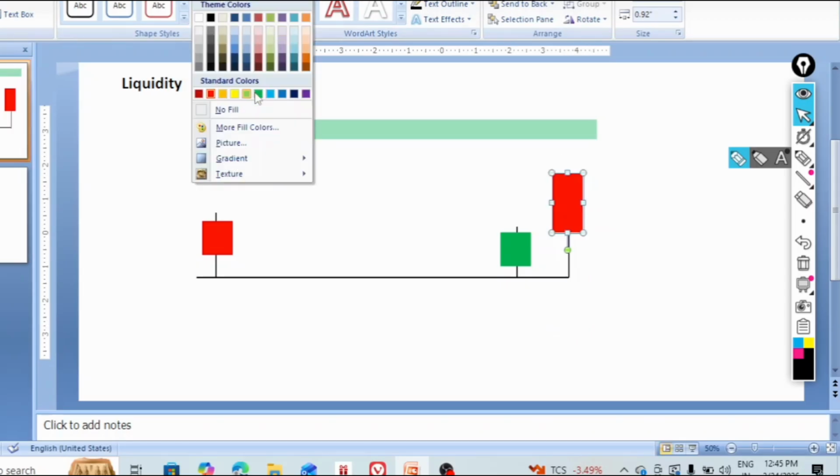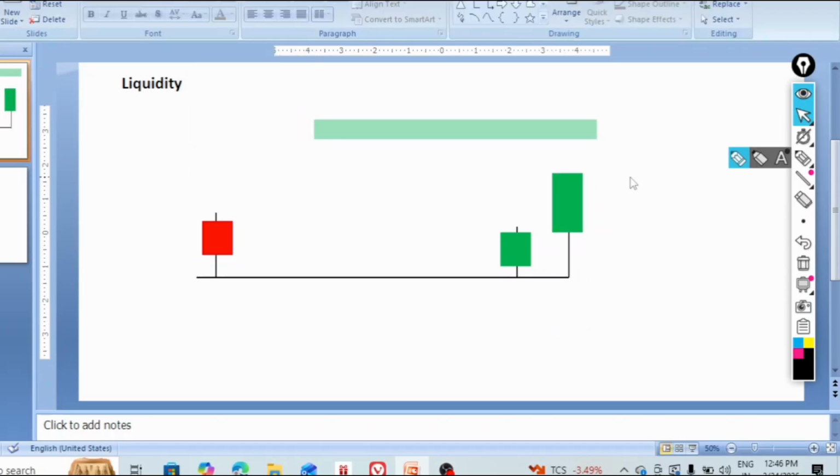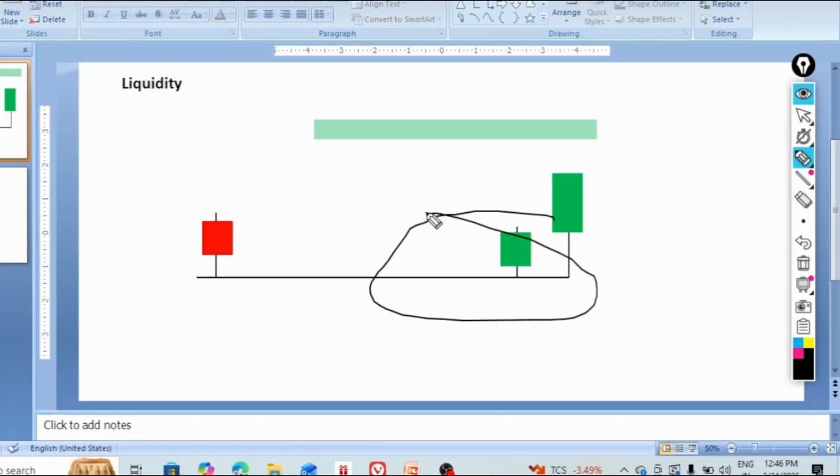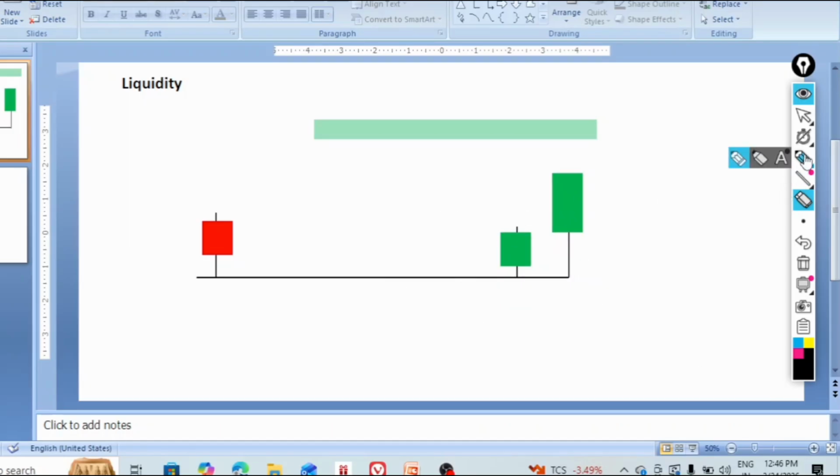So it's advisable not to take a trade directly on equal highs and lows, because there is liquidity there. After grabbing this liquidity, the market can move up or move down. So equal highs and lows are also liquidity.